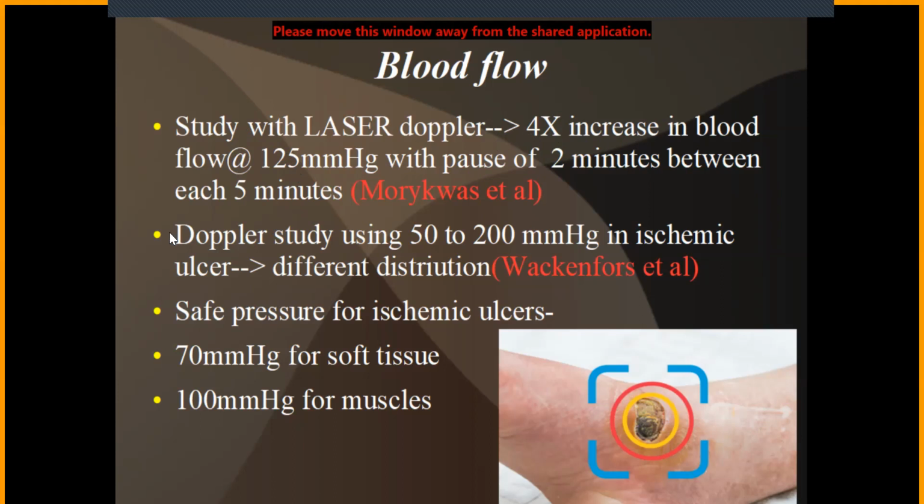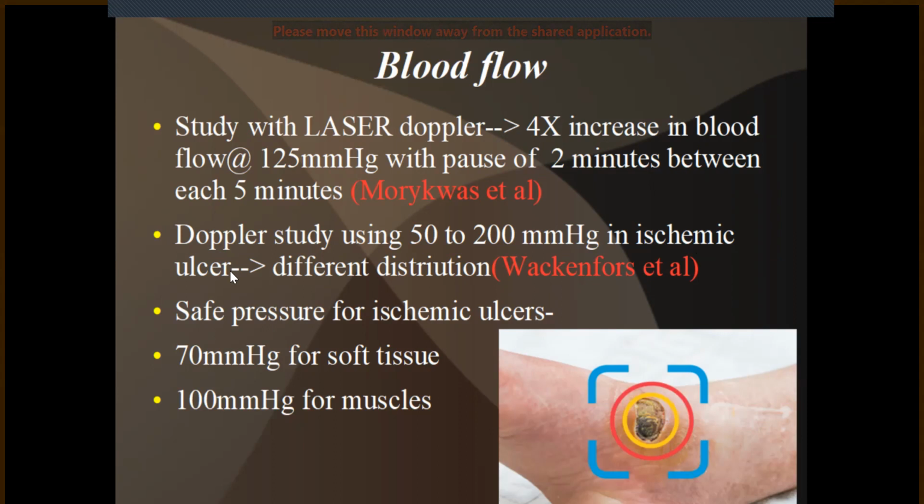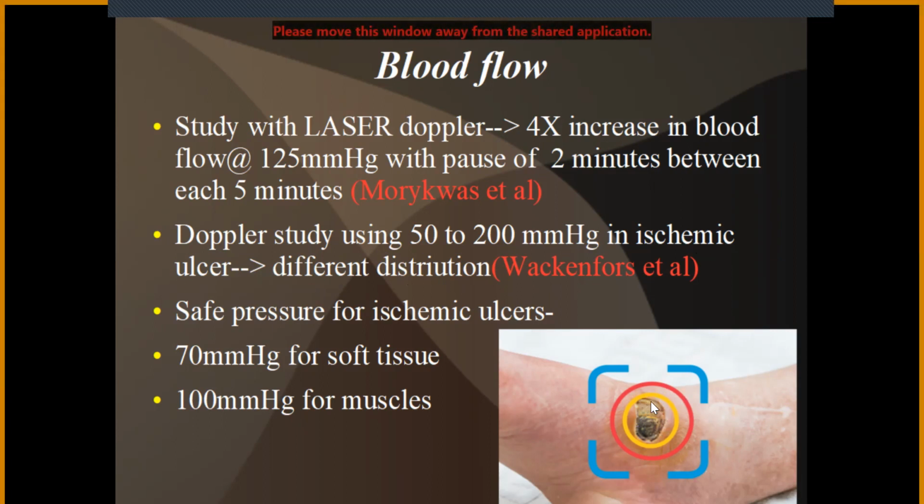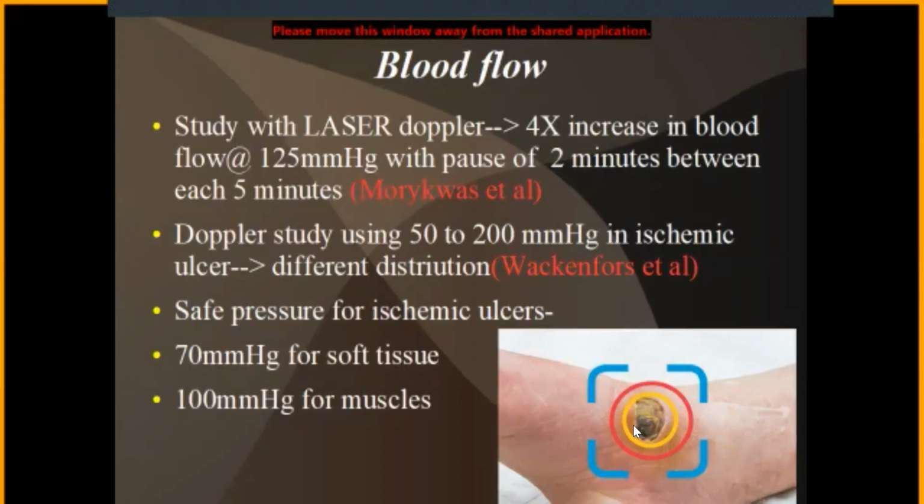The second study with Doppler, using 50 to 200 mmHg in ischemic ulcer, showed different distribution of blood. In this picture, you can see that the area of skin in close vicinity to the margin of the ulcer was less vascular in comparison to the area far from the ulcer margin.